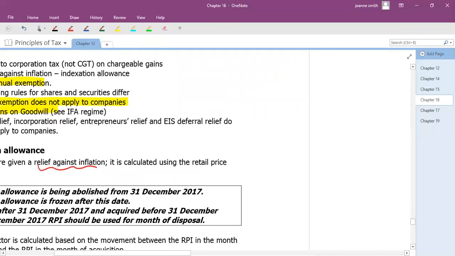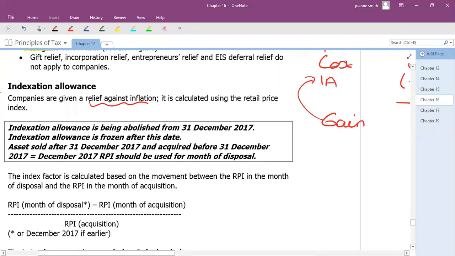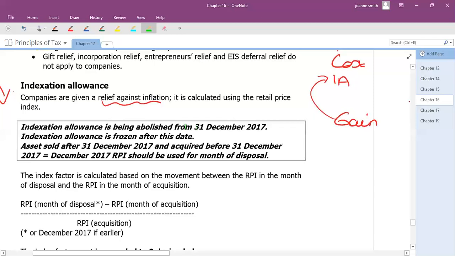So the way that it will work, you'll have your proceeds and you'll have your cost, which you'll deduct whatever costs you're allowed to do. And then you'll have this indexation allowance, and that's what will reduce your gain. So rather than the annual exemption, you have the indexation allowance. Now this indexation allowance was abolished in December 2017, so you won't get any after that date.